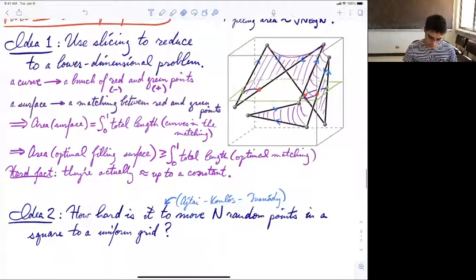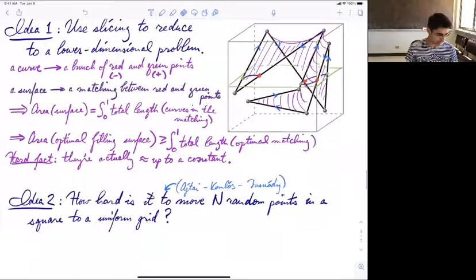And so the second idea is, now we're thinking about random matching. So a bunch of random red points and a bunch of random green points, and can we match the red points to the green points?